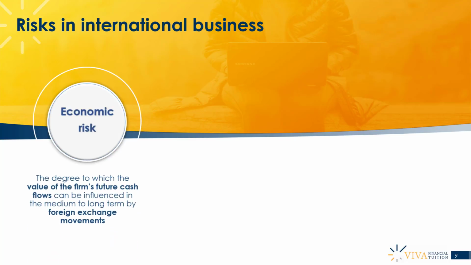Economic risk, for example, if we invest in an overseas location, and because of the long-term relative competitiveness of those two different countries, it means the exchange rate is moving gradually in one direction, then we may either gain or lose in the long term because of that movement in the exchange rate.